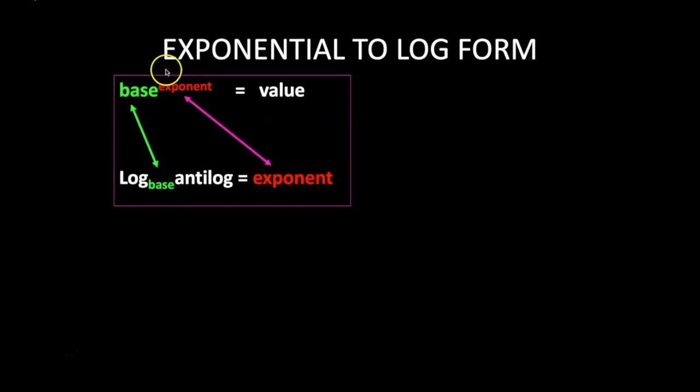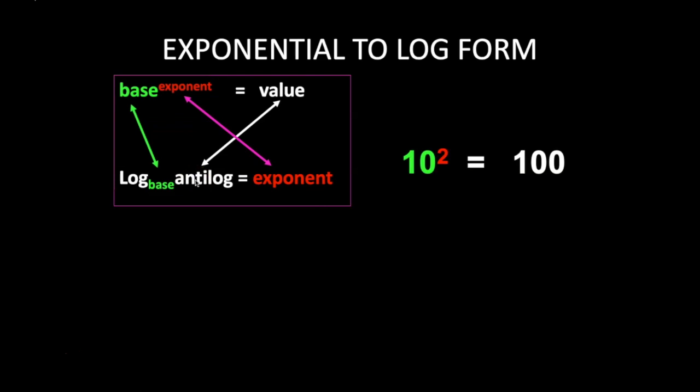The exponent goes from up on the superscript, down here across the equal sign. So logarithms are actually finding the exponent. That's what they're finding, a missing exponent. See, we're used to having x in different places, and now with exponents and logarithms, we're going to have x being the exponent. This value right here is called the antilog. That's another name for it.